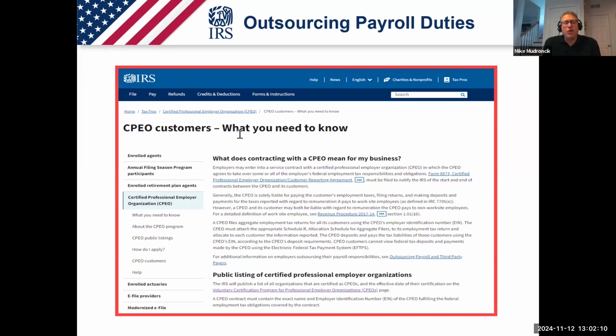The CPEO option was set up by the IRS, and in these situations, the CPEO organization certifies with the IRS that it meets certain responsibilities and certain obligations in order for the IRS to identify them as a CPEO organization. So take a look at that information as well.